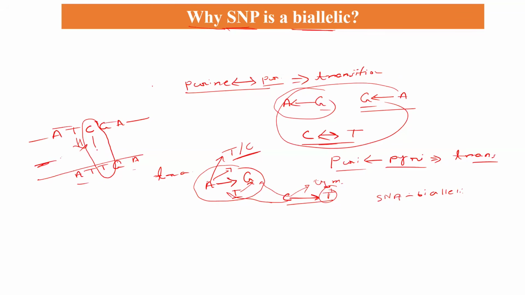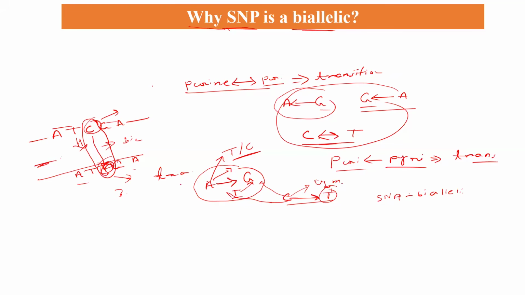Only the C converted into T is possible. Biallelic means C is one allele and T is another allele. If A is also there, it is called triallelic.